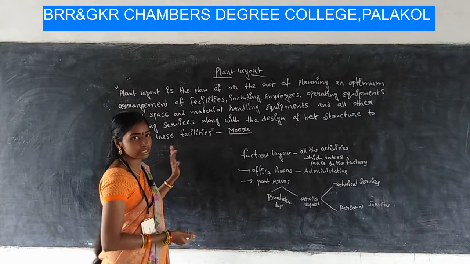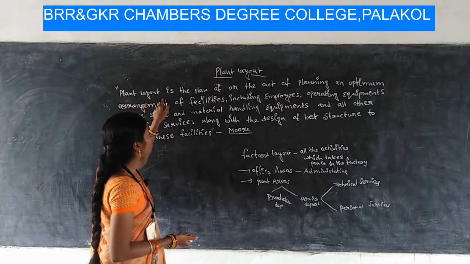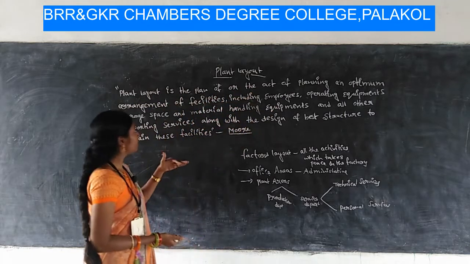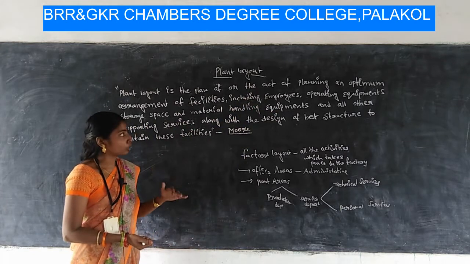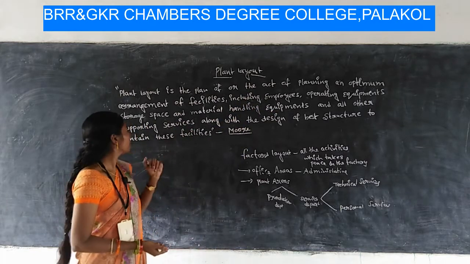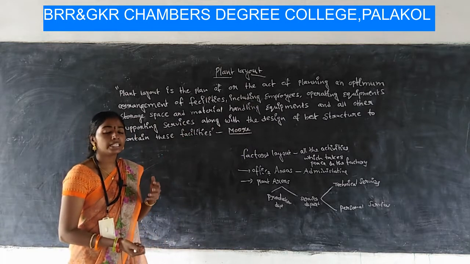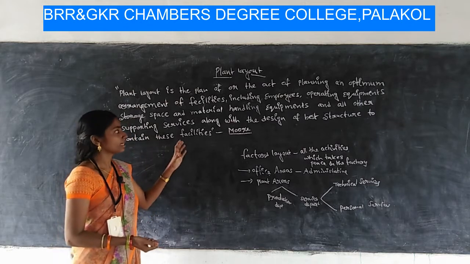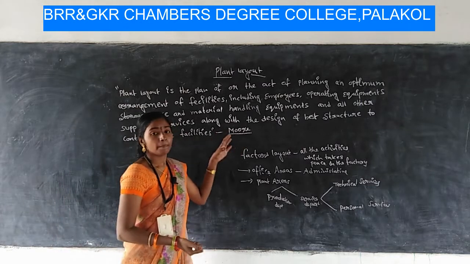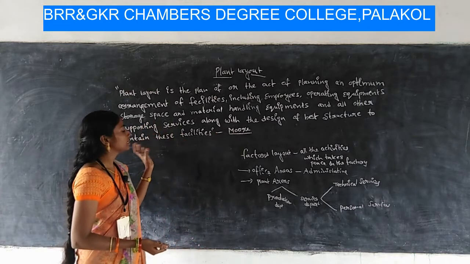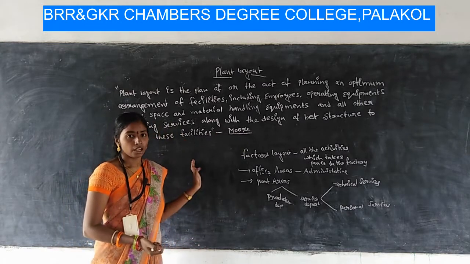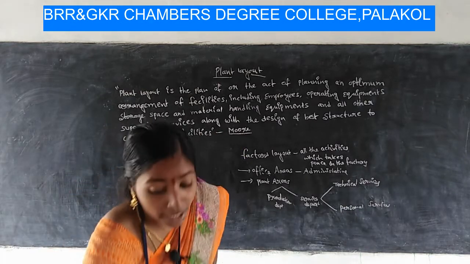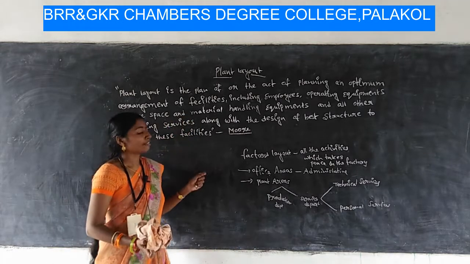You have to note down this definition. Plant layout is a plan of or the act of planning an optimum arrangement of facilities including employees, operating equipments, storage space and material handling equipments and all other supporting services along with the design of best structure which contains these facilities.